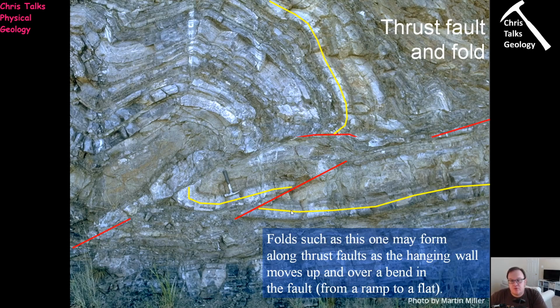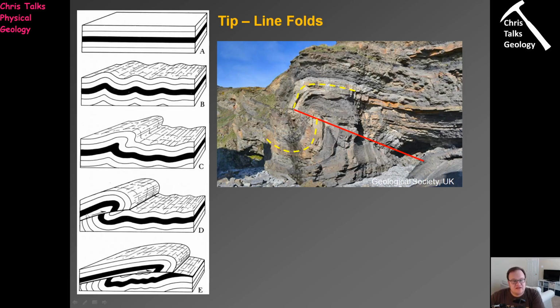So there's our fault number 1, and there's the main thrust there. Okay, and so essentially as our hanging wall moves over the top of our footwall, we can see this fold here starts to become more and more accentuated. And essentially this is referred to as a tip line fold.